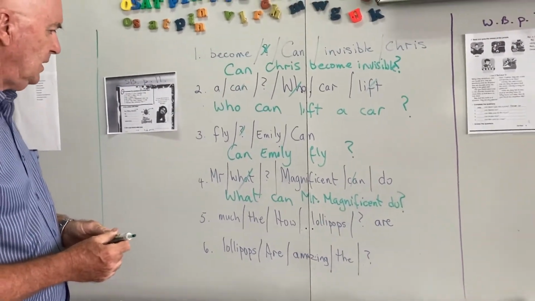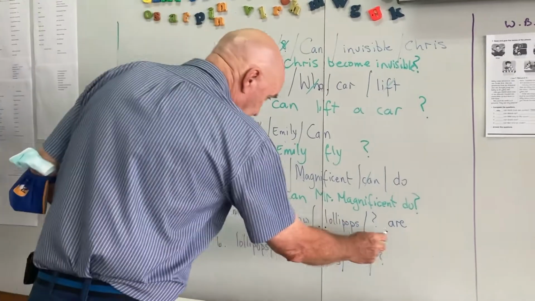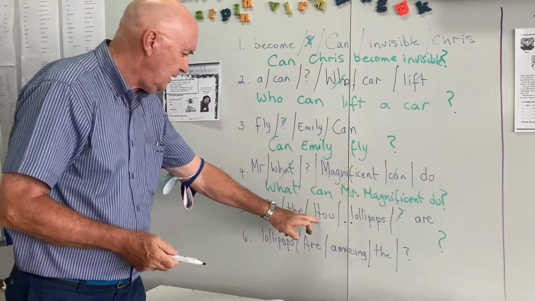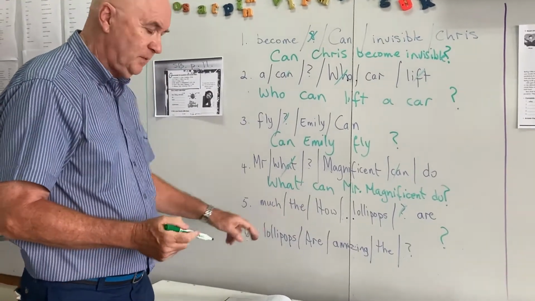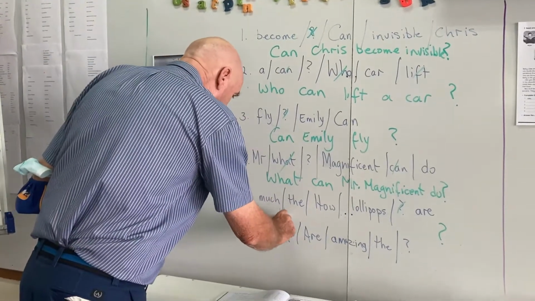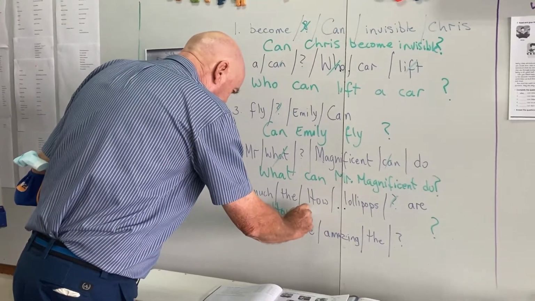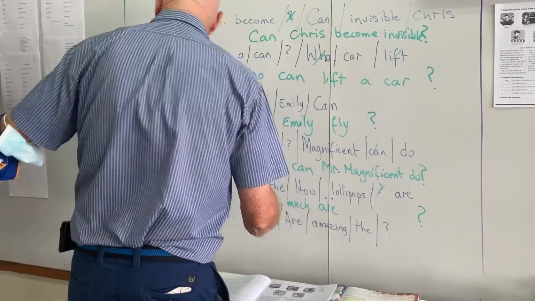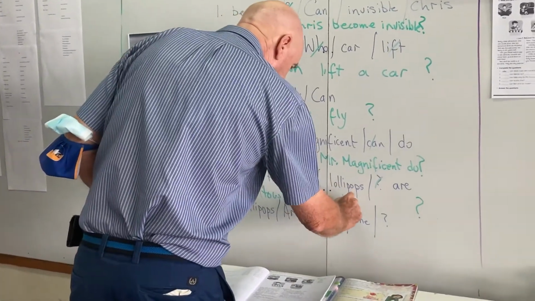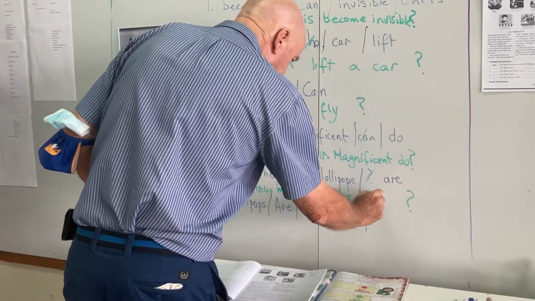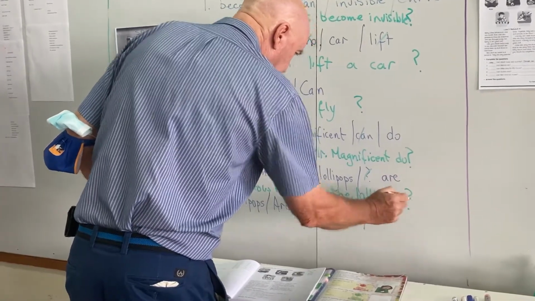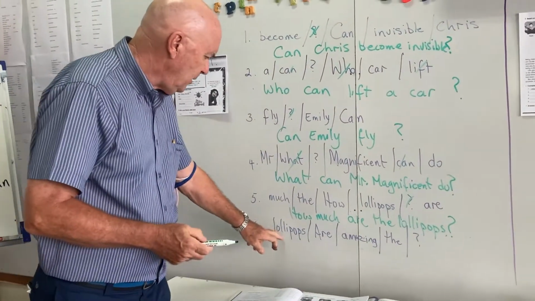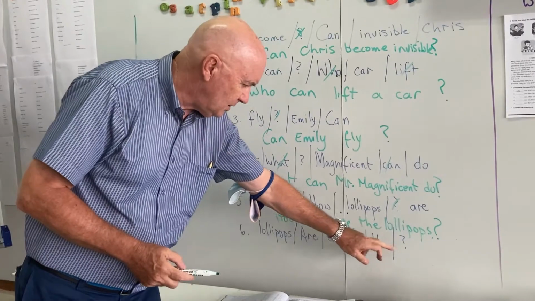Okay? So have a look at number 5. Question mark at the end. We've got our question word here. How much? So that must come first. How much are? Must have are here. And then what are we talking about? Lollipops. Okay, and then the last one. Lollipops are amazing. The question mark.